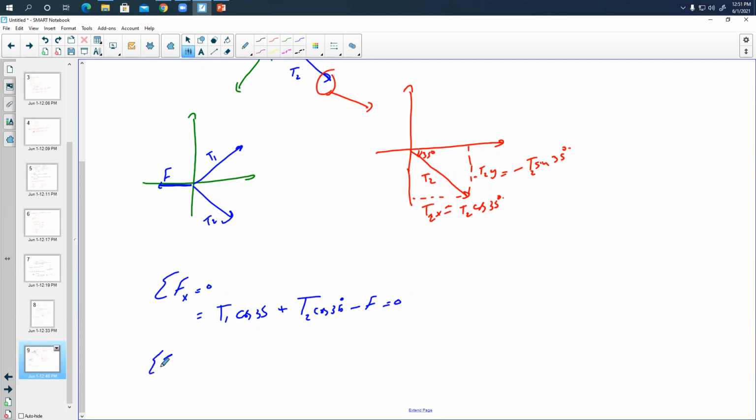Now your forces in the y direction also have to equal 0. And the force in the y direction, what you got, T1 in the y direction minus T2 in the y direction, which is going to equal T1 sine 35 degrees minus T2 sine 35 degrees is going to equal 0.